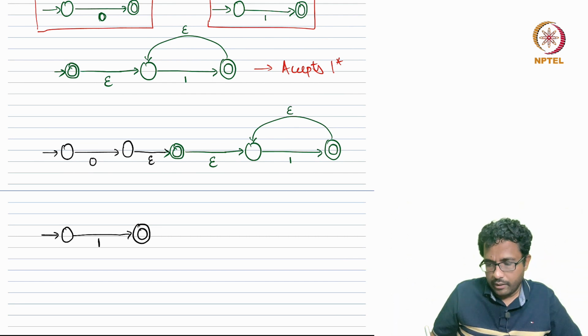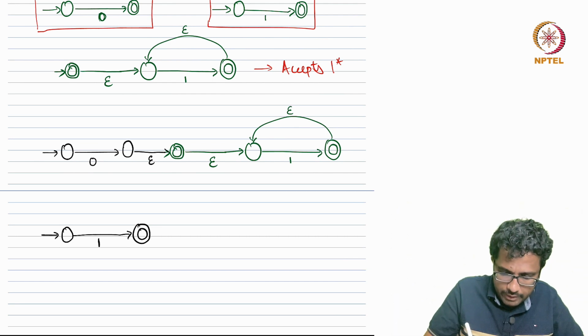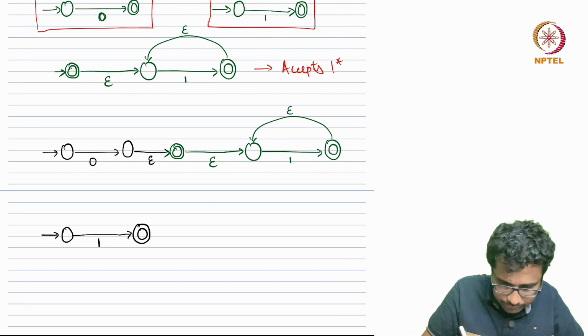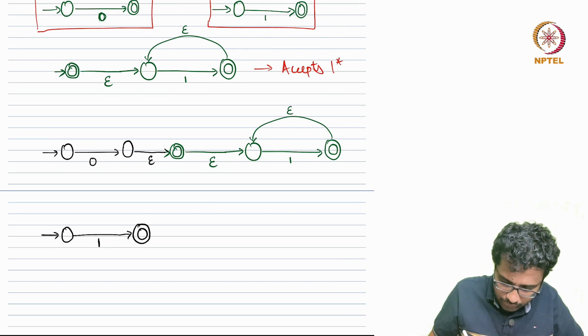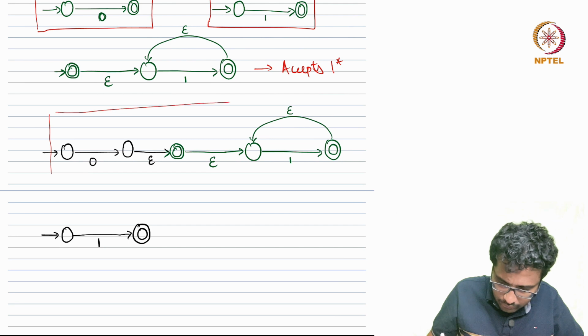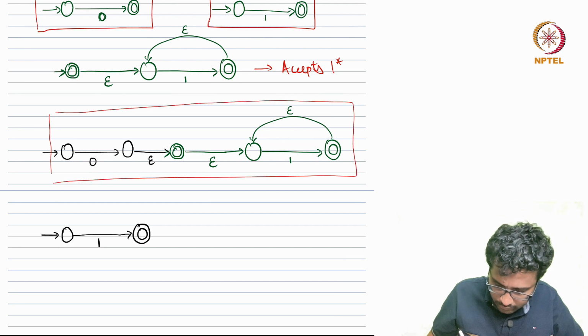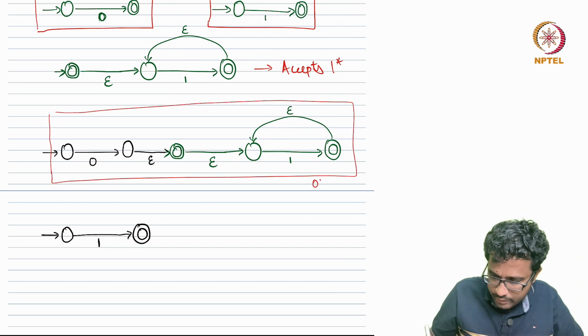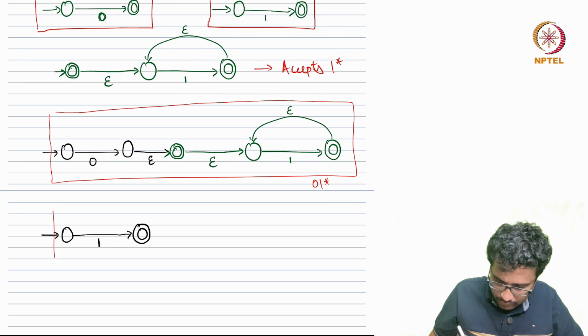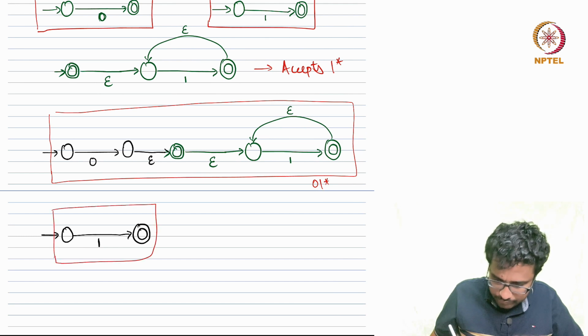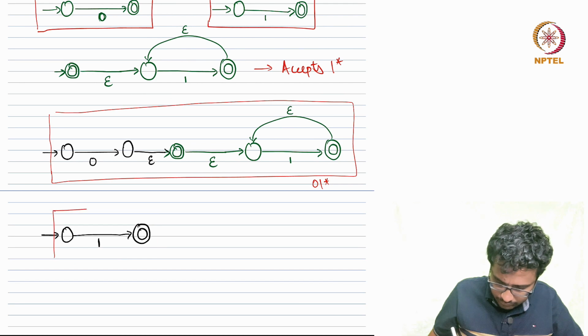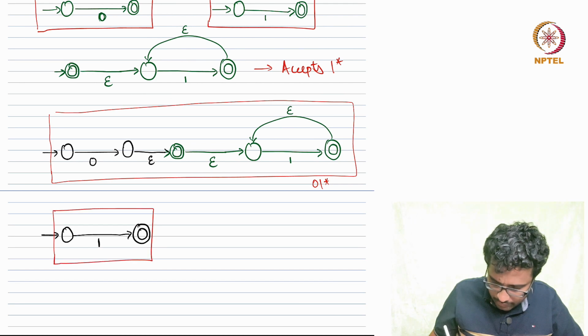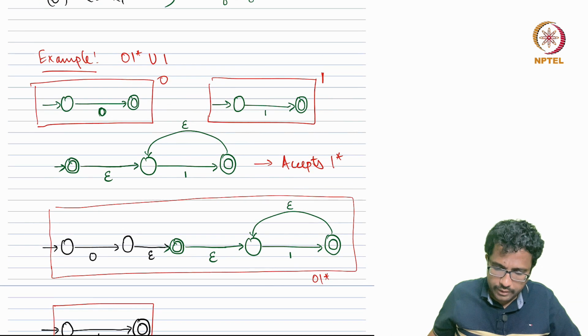Right, so now the machine on the top accepts 0, 1 star, and this accepts 1. We need the union of this.